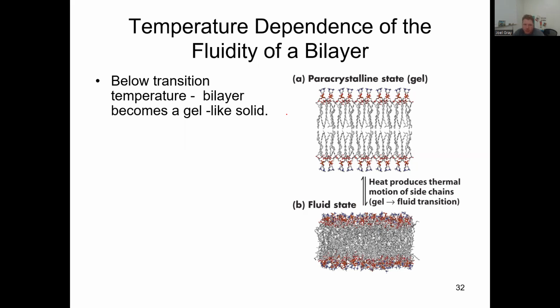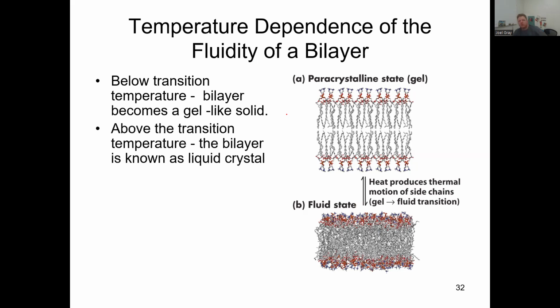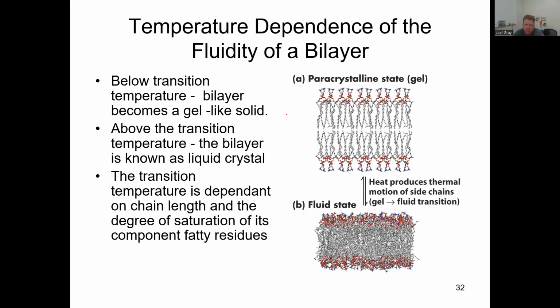When a lipid is below the transition temperature, the bilayer becomes a very gel-like solid. Above the transition temperature, the bilayer is known as a liquid crystal. The transition temperature is dependent on the chain length and the degree of saturation of its component fatty acid residues.